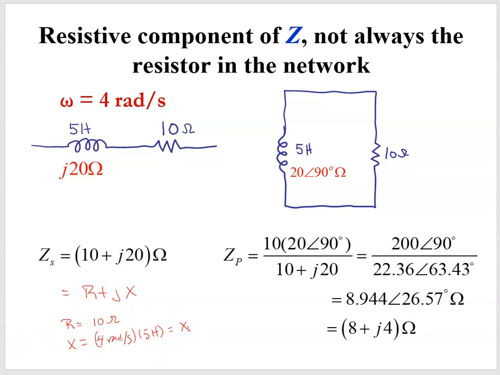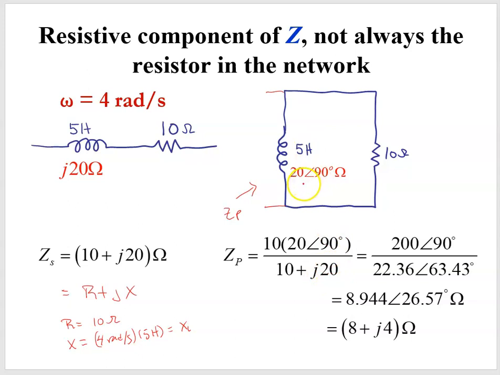But when we're considering the two components in parallel and trying to find this parallel impedance looking in, we take the product divided by the sum. We get R times jωL, which in polar form is 20 angle 90 degrees, divided by R plus jωL.